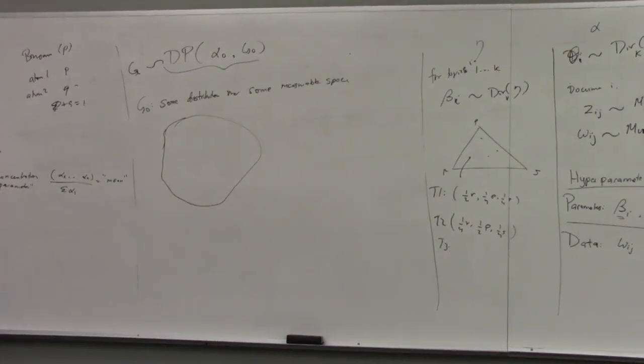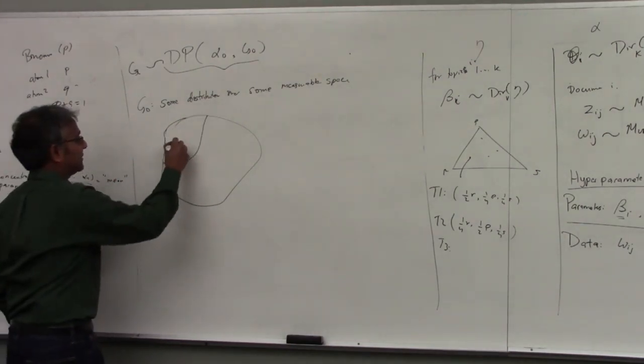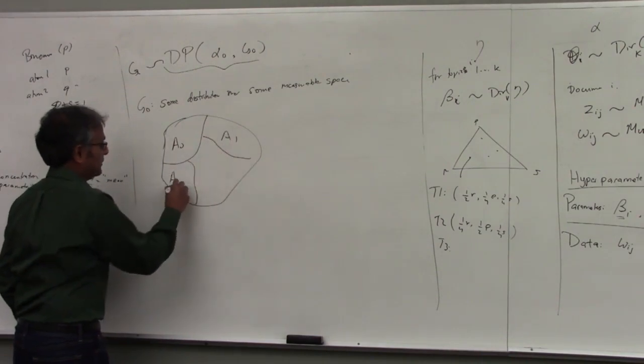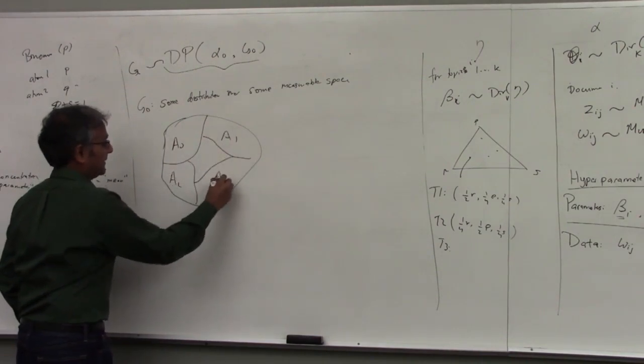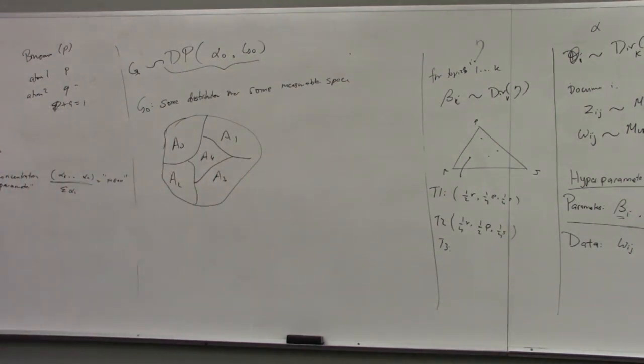Now, here's the property I want. Let me construct an arbitrary, finite-sized partition of the space. So this is going to be, I'm going to call this A0. I'm going to call this A1. I'm going to call this A2, A3, A4. This is some arbitrary, finite dimensional sized partition over the space.